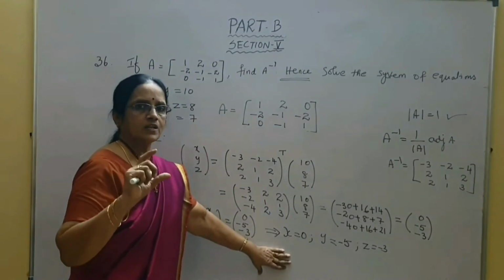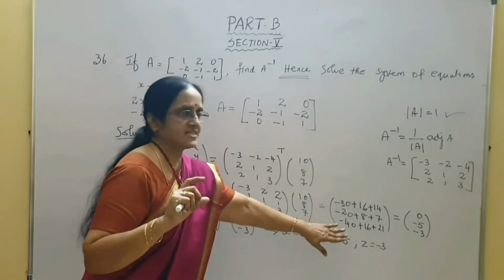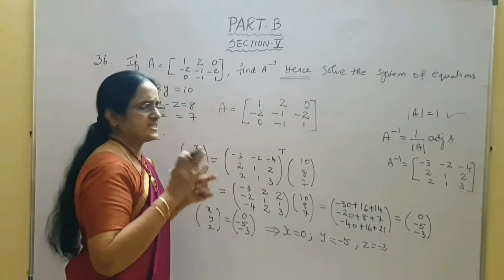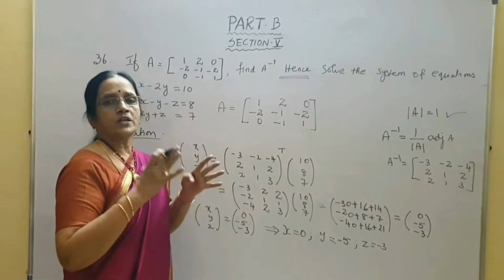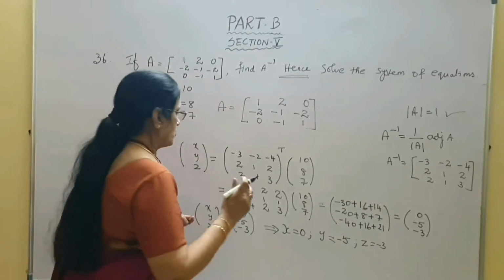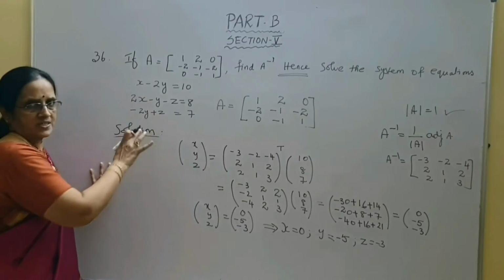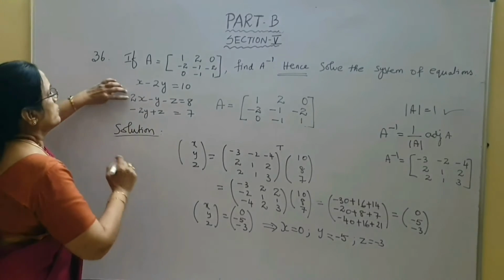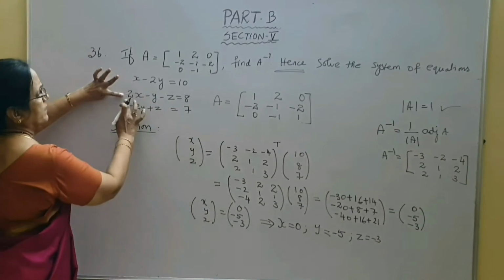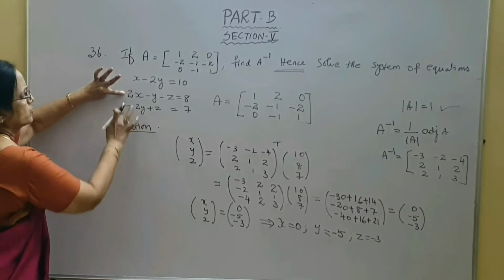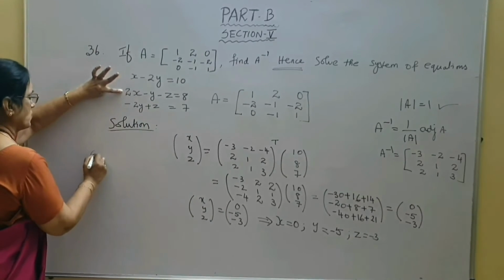Once you get the values for X, Y and Z, then and there you can check your answer in the rough column and satisfy yourself that what you have done is correct. You can substitute these values in any one of these three equations. Because X, Y, Z, all three values you can substitute over here. Just take this particular equation. 2 into 0 is going to be 0.